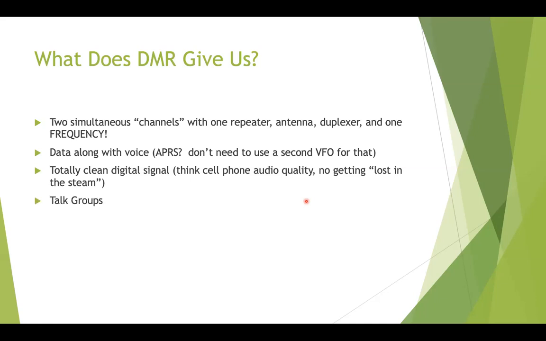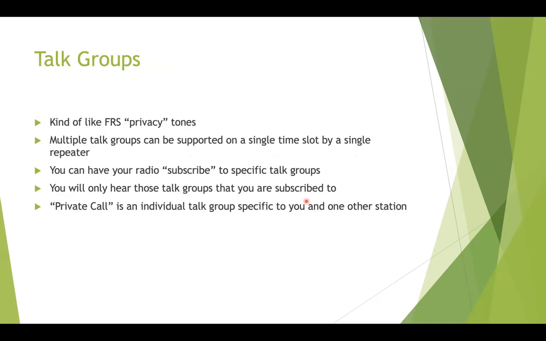There's also a feature called talk groups. We'll talk about that a little bit more. Talk groups are kind of like the FRS privacy tones. So if you've ever used an FRS radio and it says, oh, it's got 14 channels and 65 privacy zones, right? So privacy codes. They're not really privacy codes on FRS, but here in DMR, they actually are physically identified by a code or an ID number.